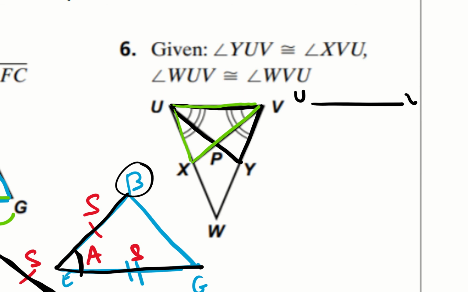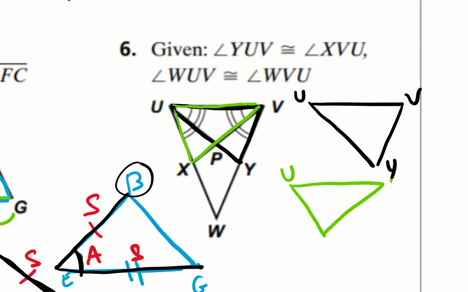So this is U, V, Y, and U, V, X. Okay, so they clearly share this side. So UV is the same side. So that's the reflexive property. And we know that this angle right here, angle V, is congruent to this angle on the black triangle, which is angle U, okay?